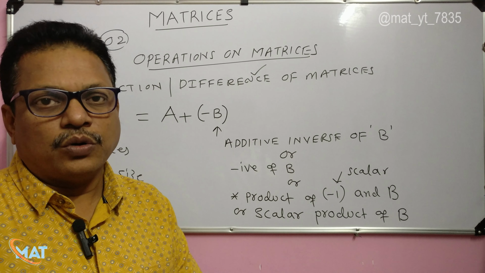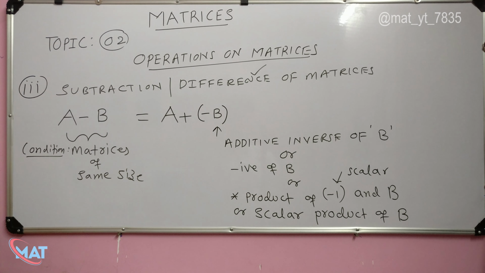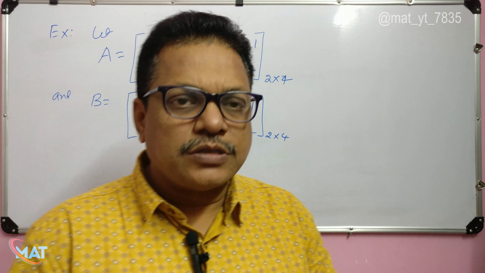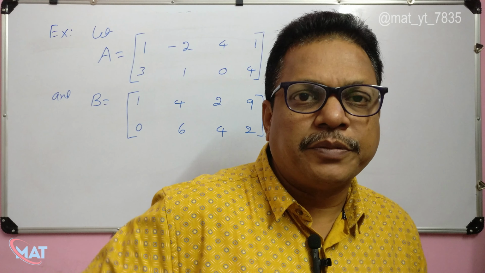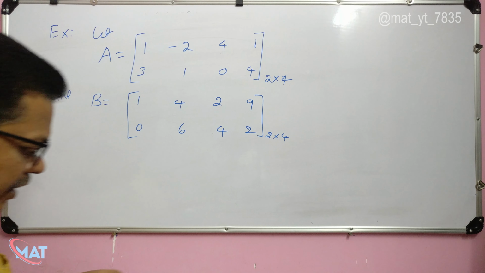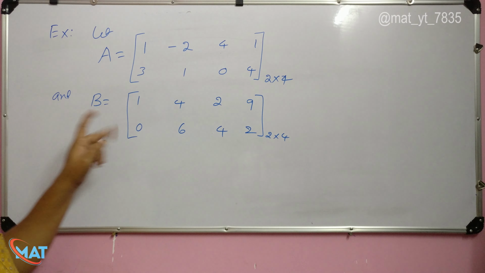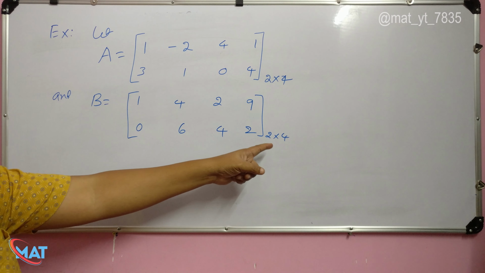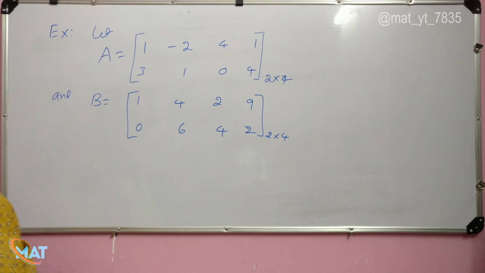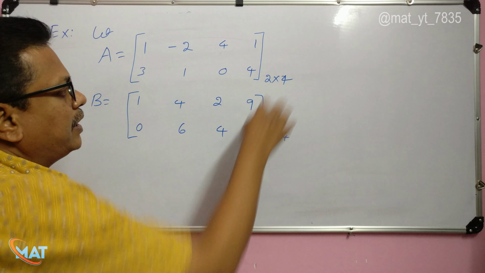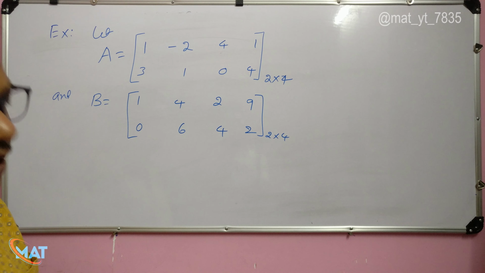Both are correlated like that. So this is a simple example to understand subtraction of two matrices. I have taken two matrices, capital A of size 2 by 4 and capital B of size 2 by 4. As I told you, the size of the matrices should be the same, just like addition.